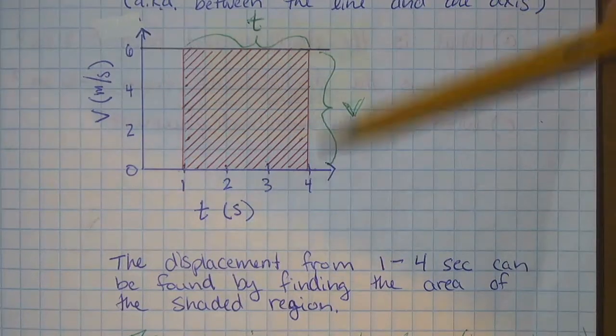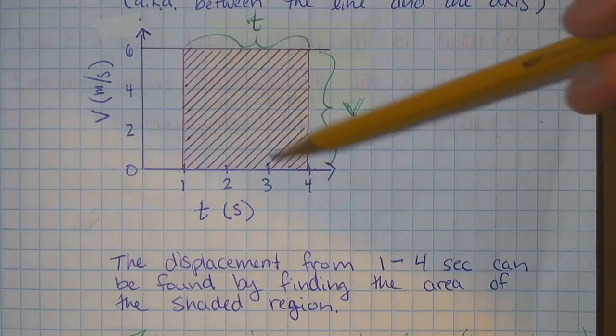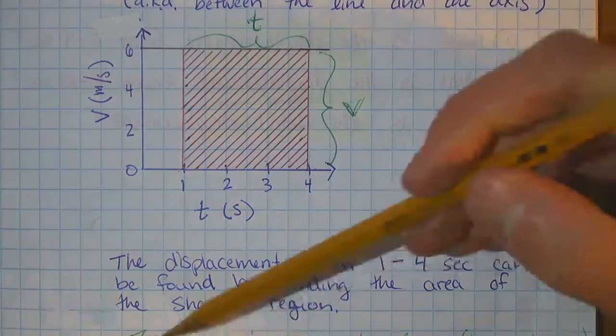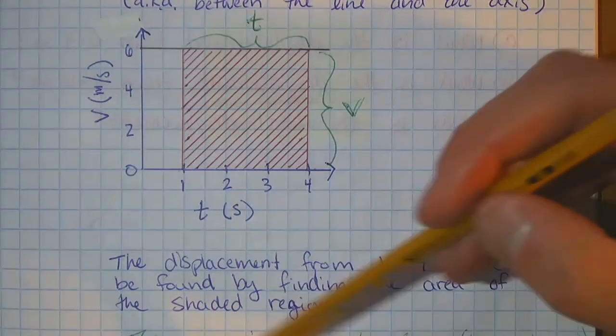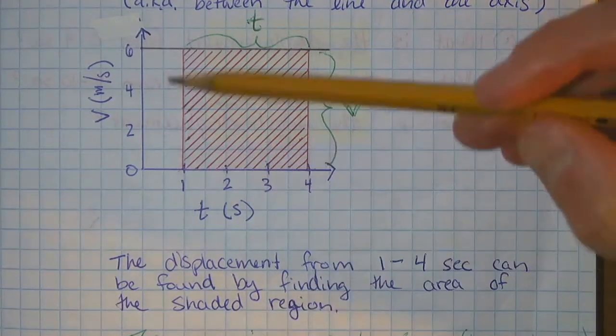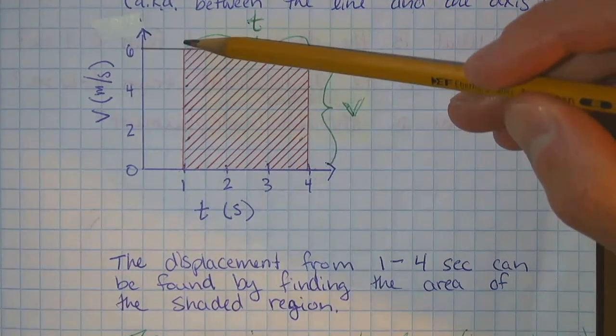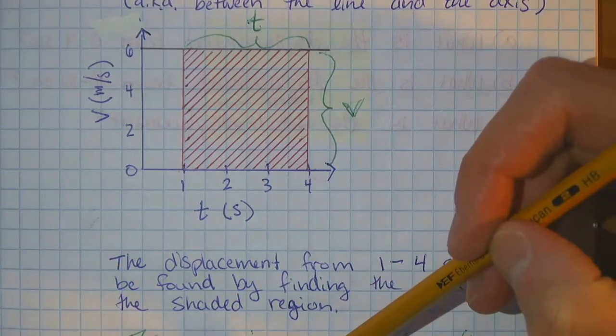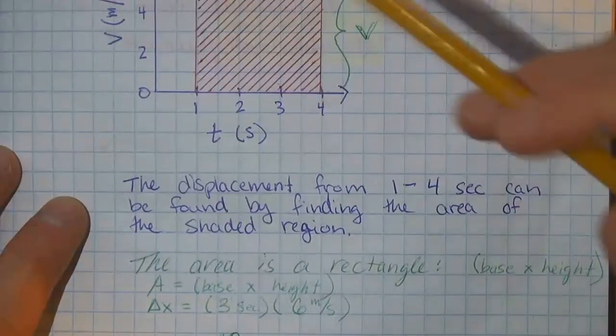So here's my red shaded region. It's a rectangle, so you can just do base times height. The base is 3 seconds, 1, 2, 3, and the height is 6, all the way up to 6. So 3 times 6 is going to give you 18 meters.